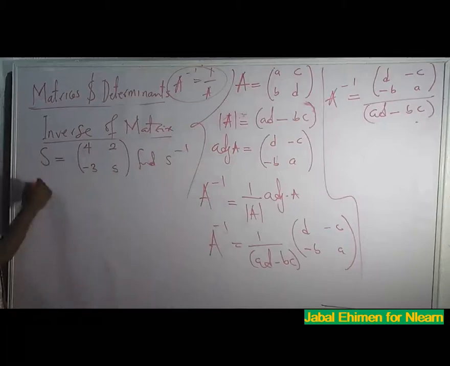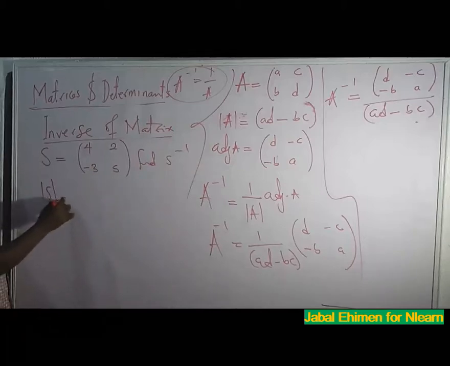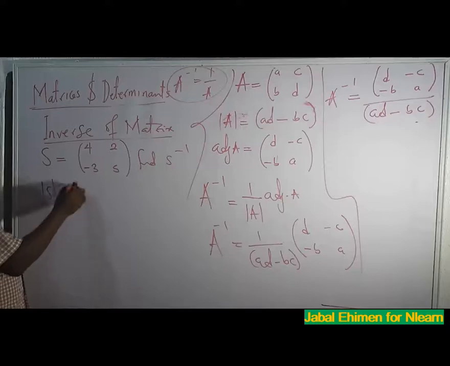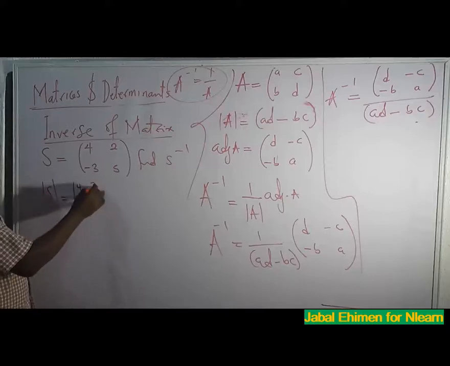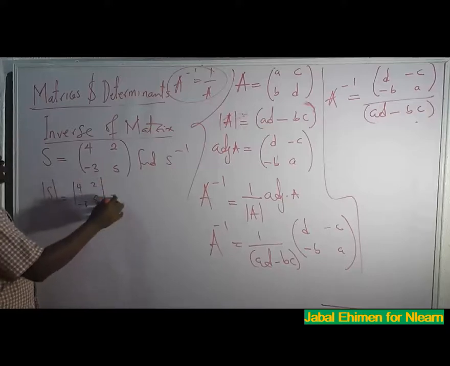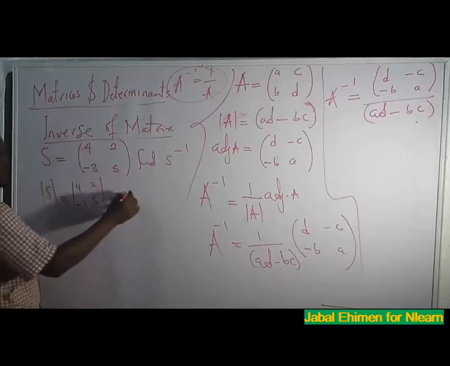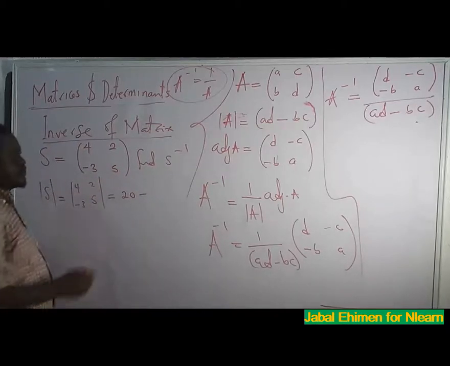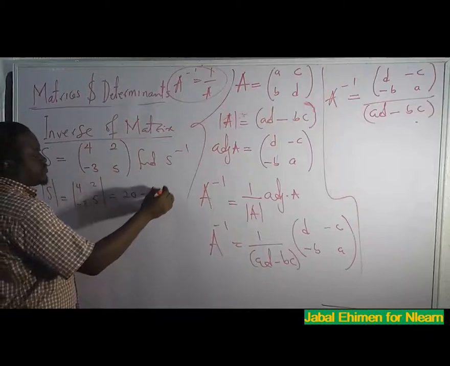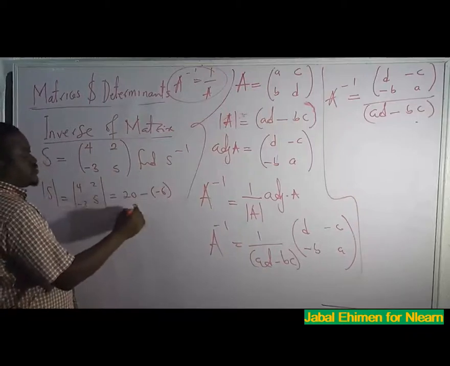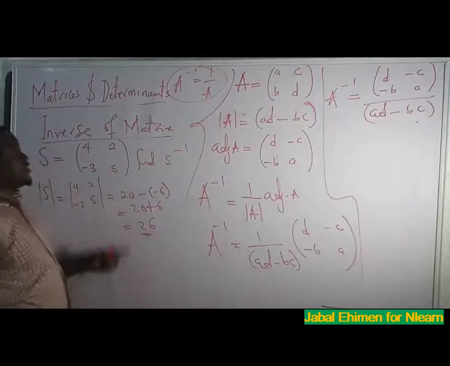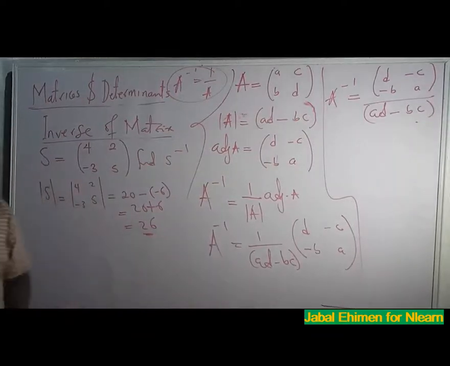The first thing I'll do is to find the determinant of S. That will give me 4 times 5, which is 20, minus minus 3 times 2, that will be minus 6, so 20 plus 6 will give us 26. So the determinant of S is 26 already.